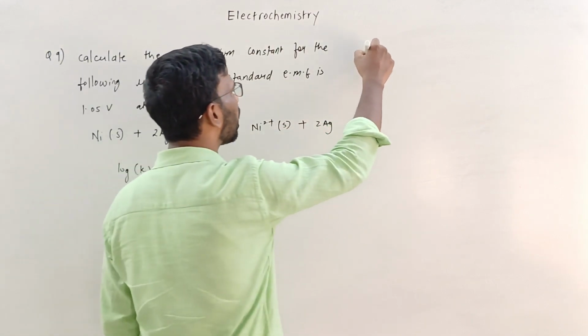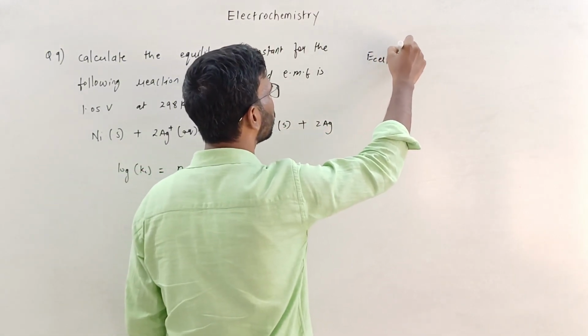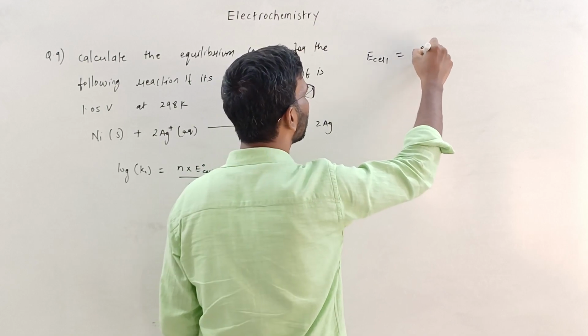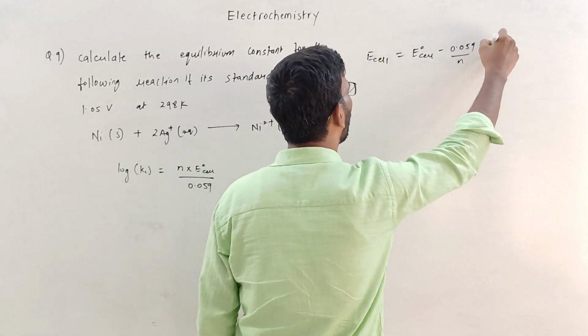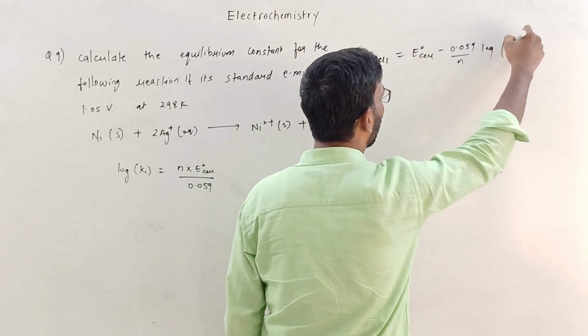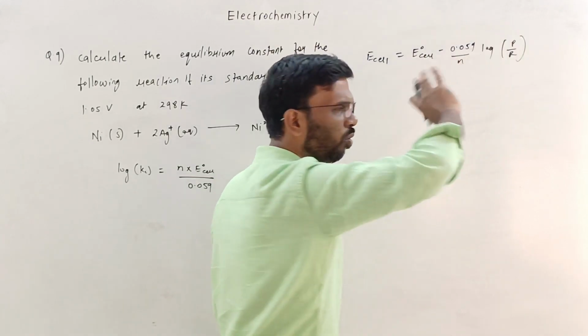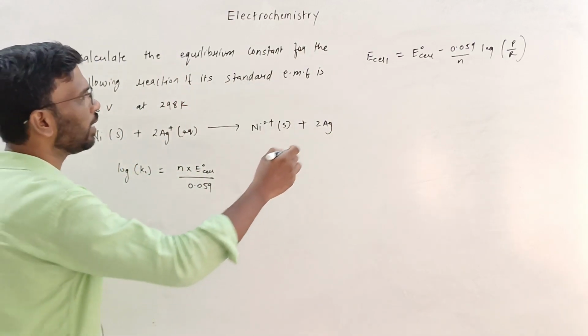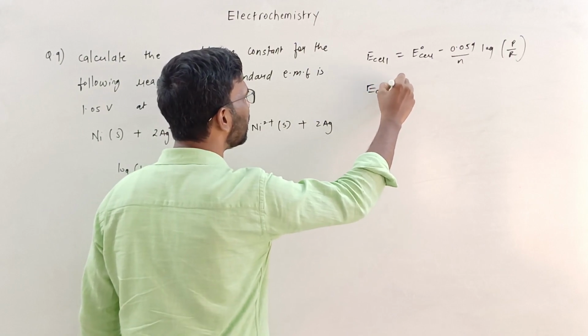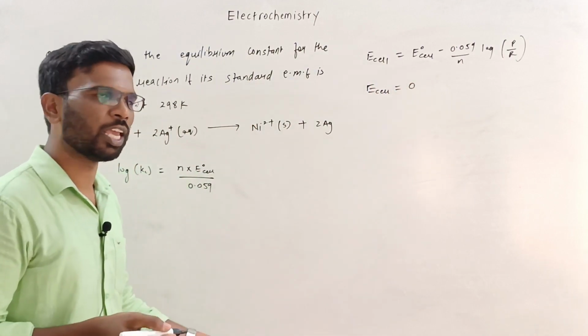See, we will start with the EMF of the cell. The Nernst equation is E cell equal to E naught cell minus 0.059 upon n log of concentration of the product upon concentration of the reactant, in an overall reaction, that is what we write. At equilibrium, E cell is equal to 0. At equilibrium, the cell is dead. It is not working, right? EMF of the cell is equal to 0.